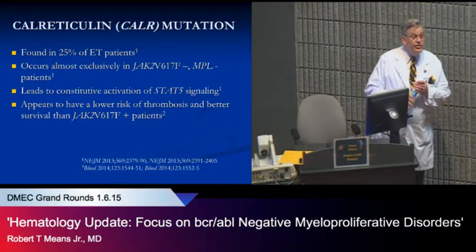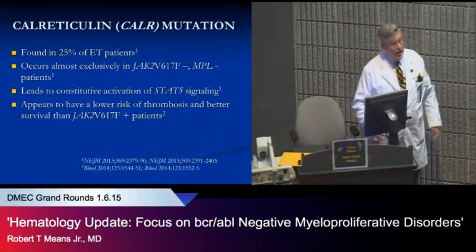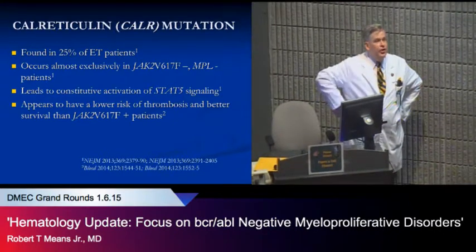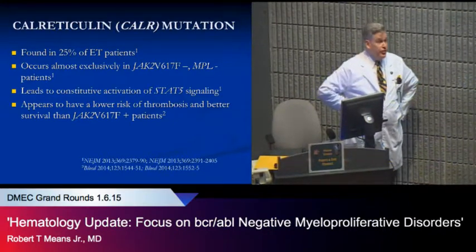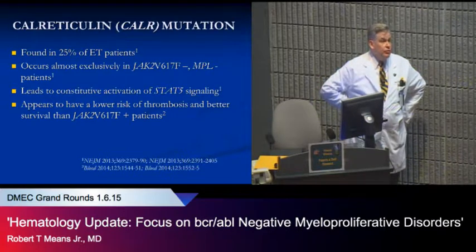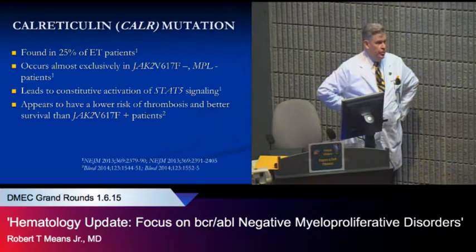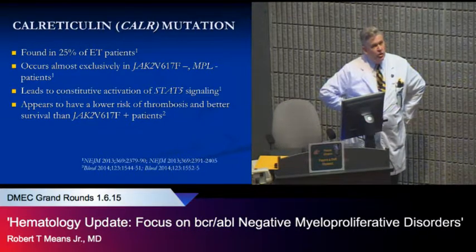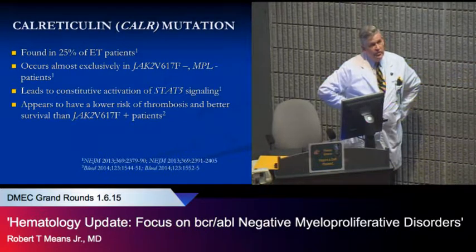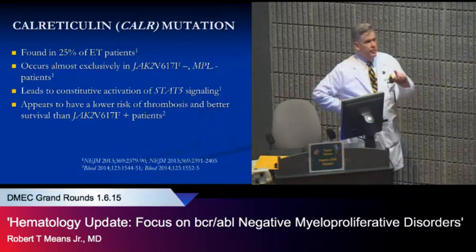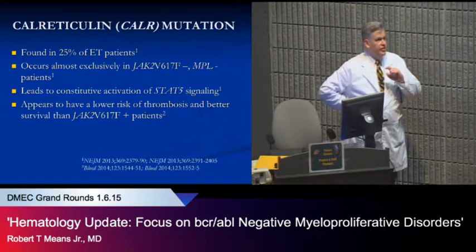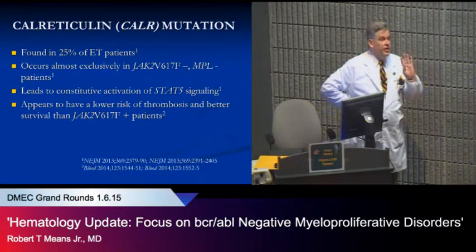At the moment, it is not CLIA approved, so it is not reimbursed. But likely it will become reimbursed because I think it is becoming a standard marker of the disorder. In general, you would not order it in the evaluation of a patient with thrombocytosis, except in people who are JAK2 V617F or JAK2 mutation negative.